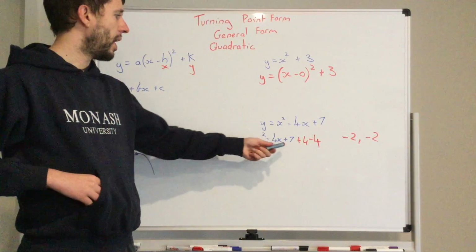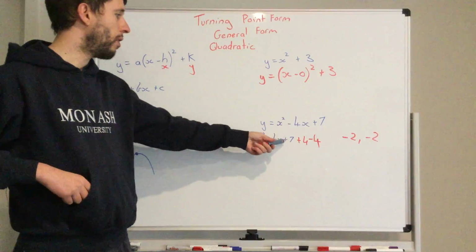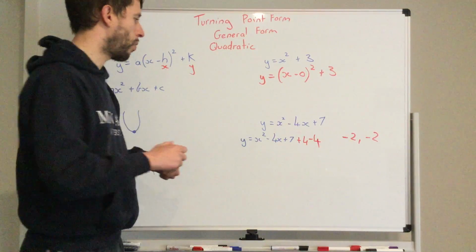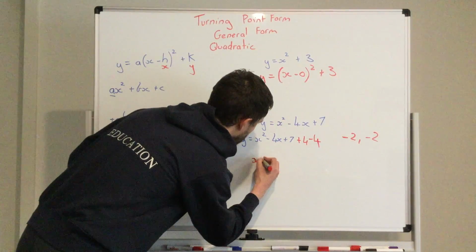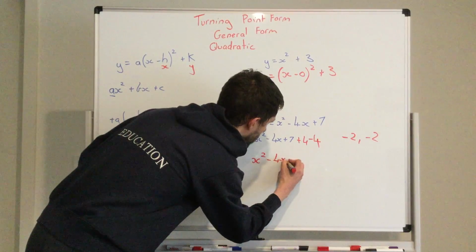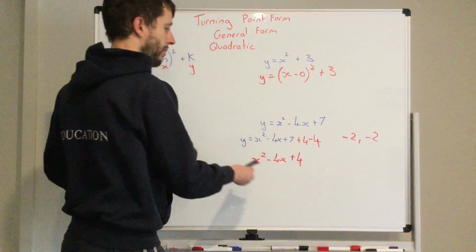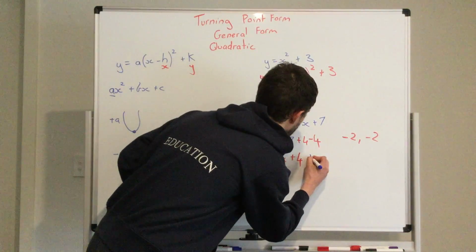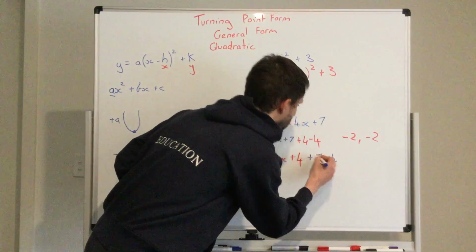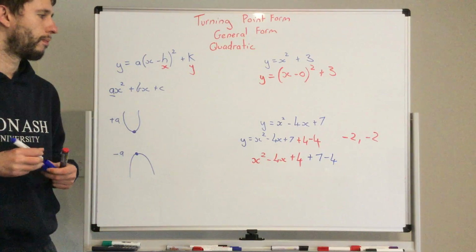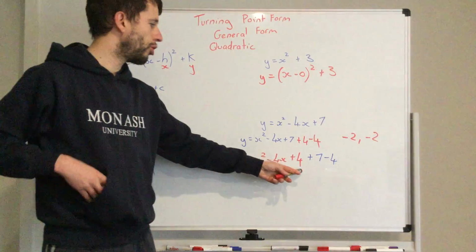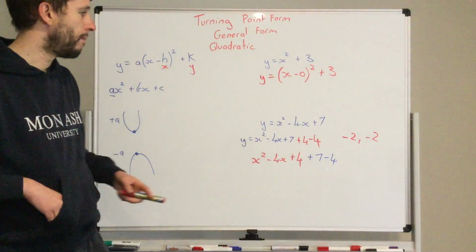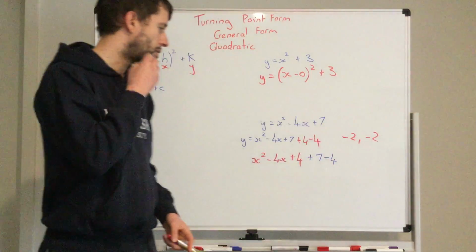Now, focus on this part of the equation, which is x squared take 4x plus 4. I'm going to ignore right now this part here, plus 7 minus 4. Let's ignore that part in blue. So we know that two numbers that times together to equal 4 are negative 2 and negative 2.